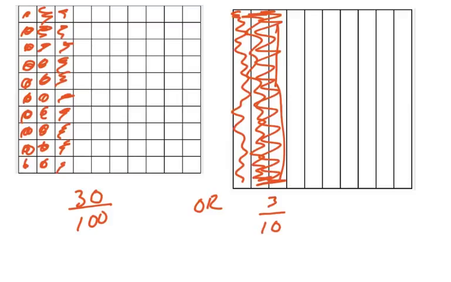Remember that both of those are equivalent, they're the same thing, and for every 1/10 there are 10 hundredths, so for every 3/10 there are 30 hundredths. So now that we've got that established, there's some of that information from fractions to decimals and decimals back to fractions, and equivalent tenths and hundredths. If you need to go back and review those lessons, please go back and do so.